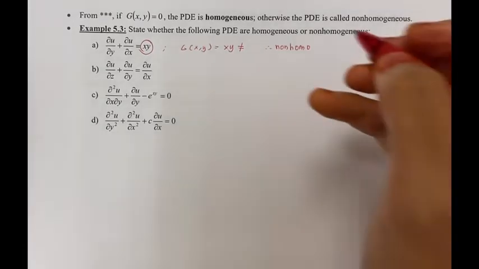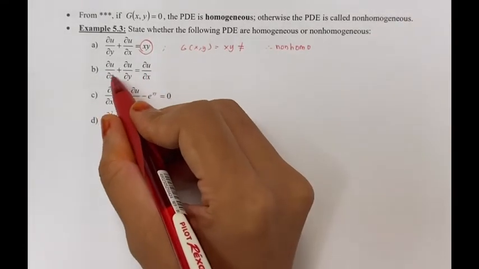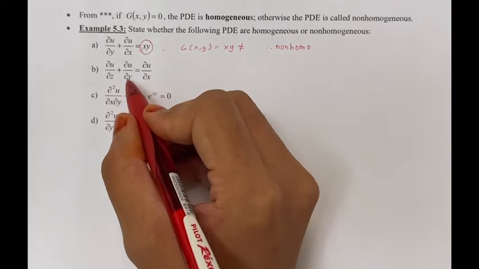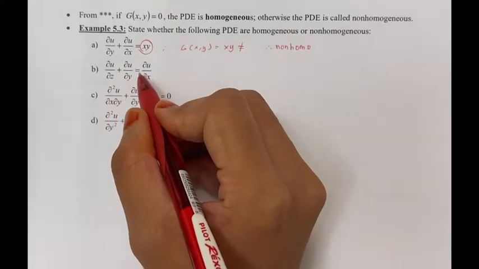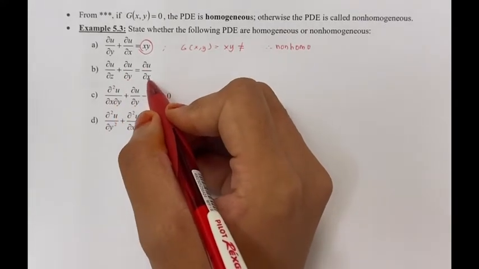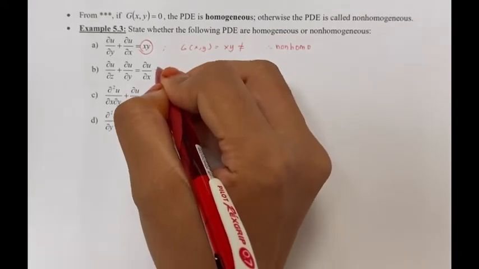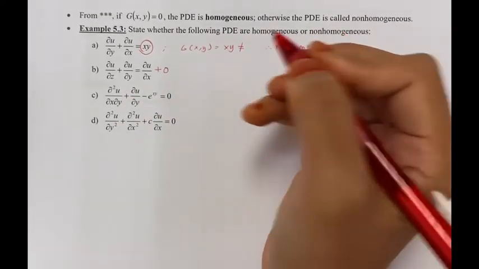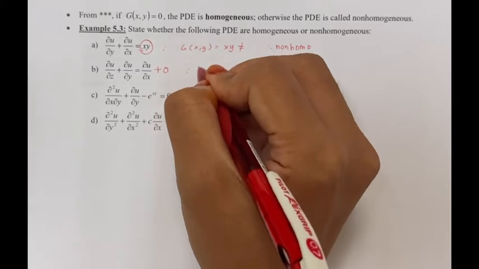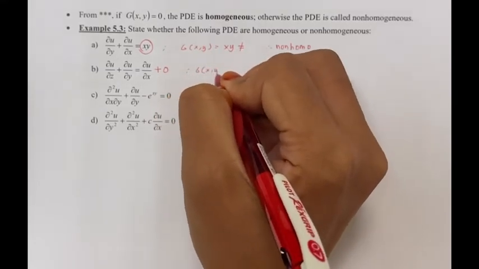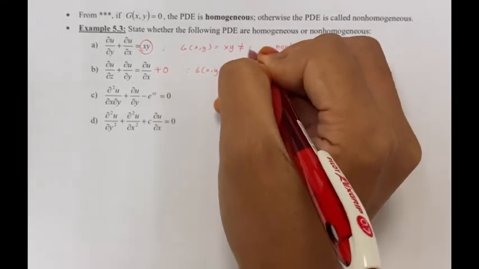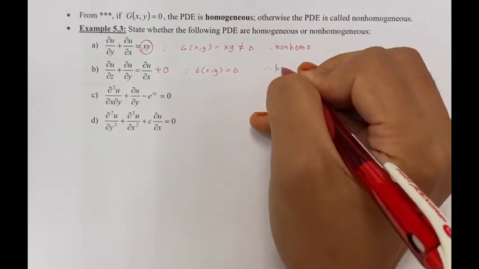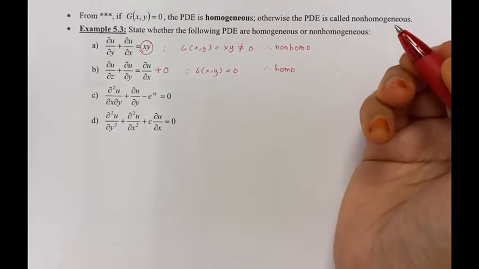And then the second one, you have del u over del z plus del u over del y equal to del u over del x plus 0. Okay, because you don't have g, in this case g of x, y is equal to 0.